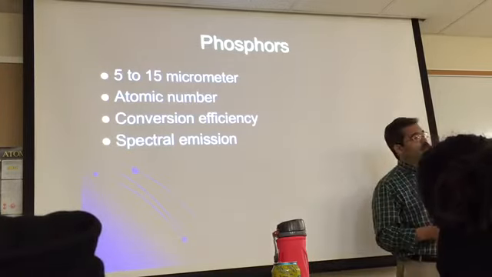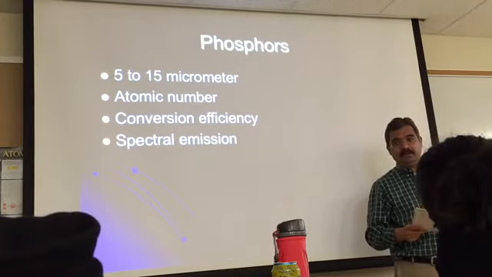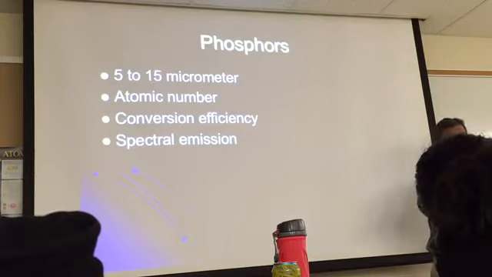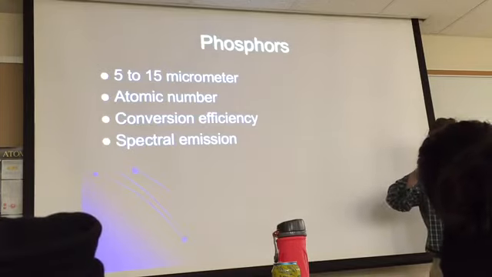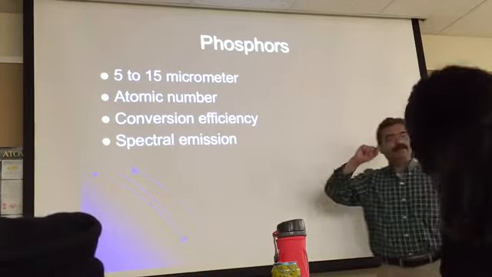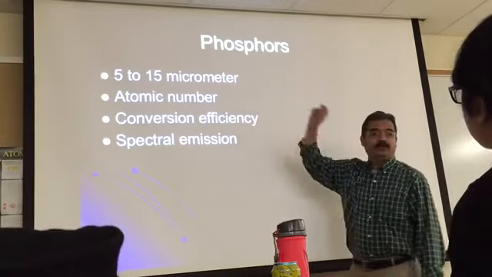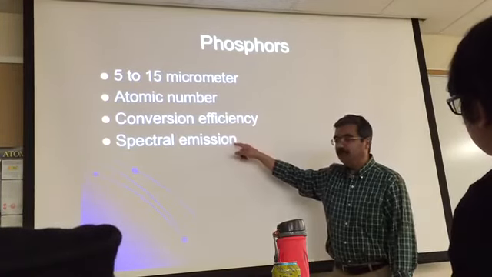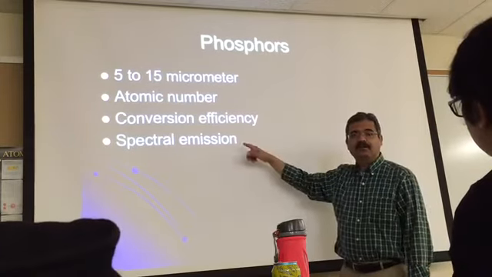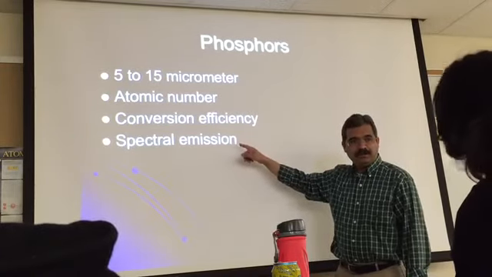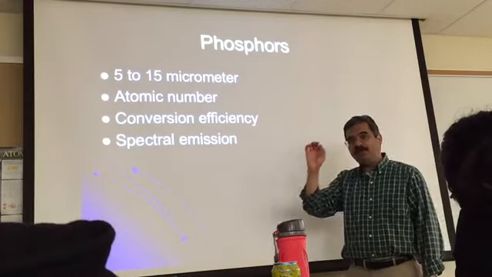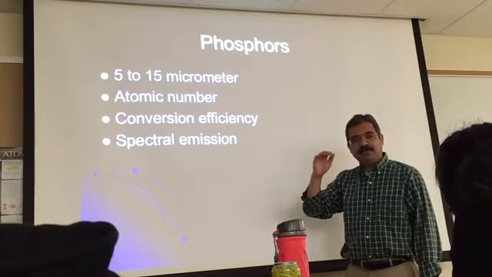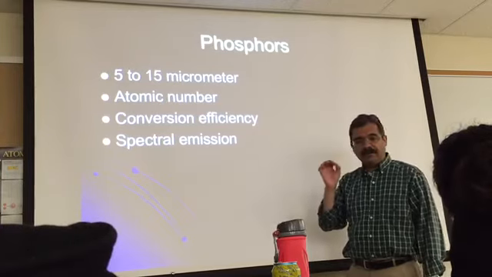The one you saw, for example, was bright green. But I told you that you can have purple, yellow, light green, dark green, and that's because of the specific type of phosphor you're using. The spectral emission is very important because you have to match that light wavelength. Your film has to be specifically designed to absorb that wavelength.